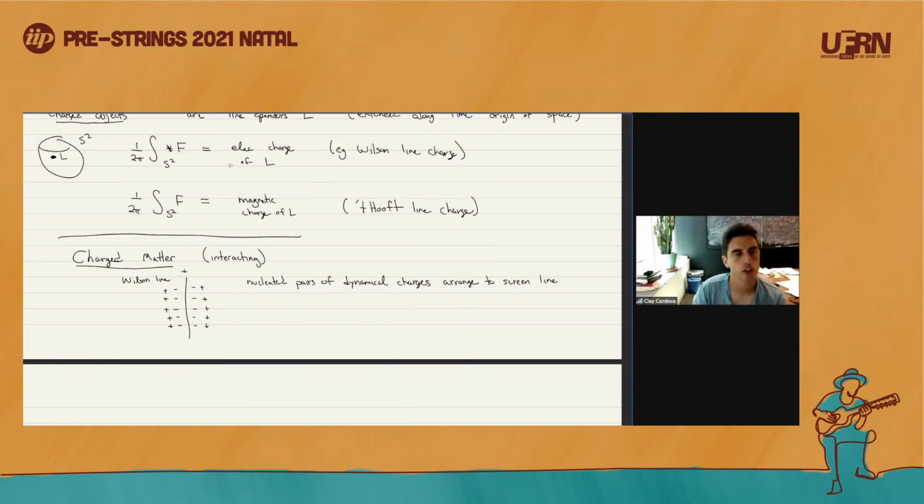It's measured by integrating over S2, where the S2 surrounds the line. That was what this picture was that we discussed.